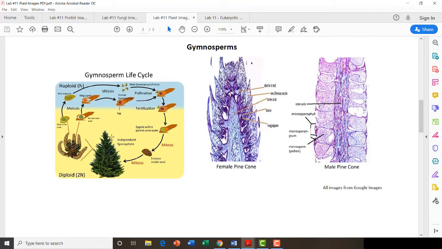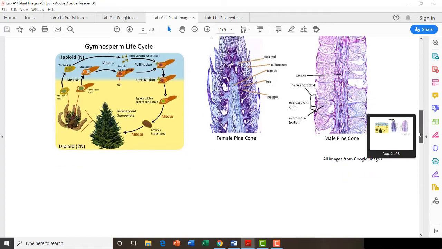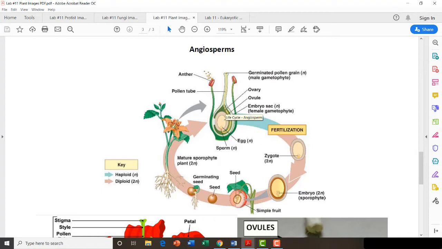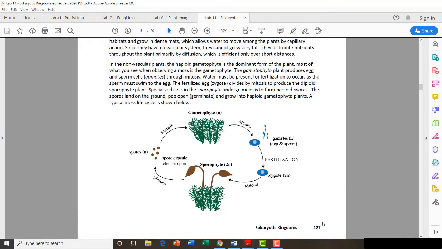In gymnosperms, the sporophyte is a lot bigger and the gametophyte is smaller. And in the angiosperm, the sporophyte is a lot bigger and the gametophyte is a lot smaller. Okay, so those are the main takeaways that I wanted you to get from that part of your protocol.